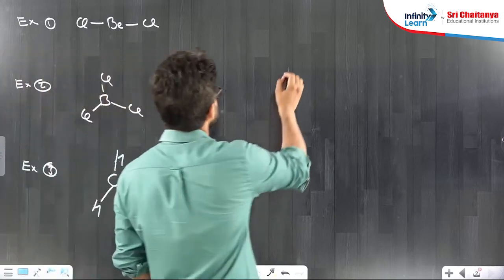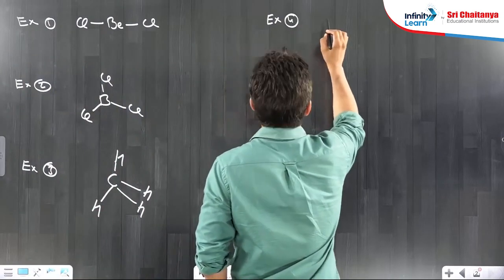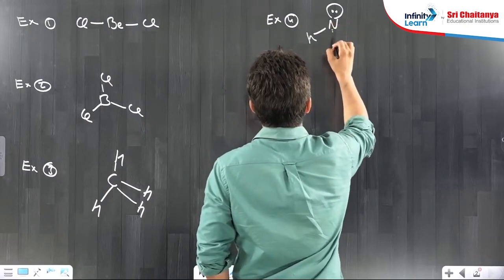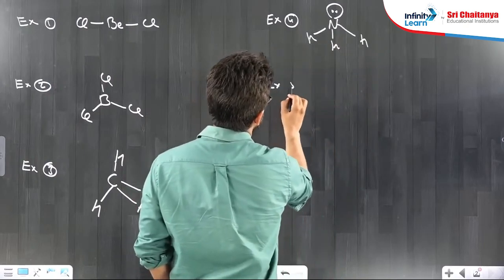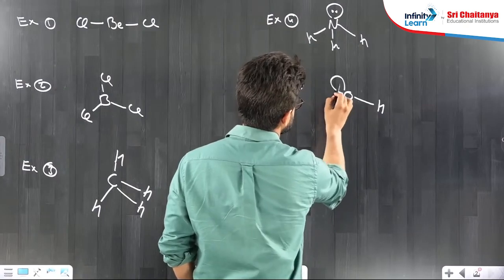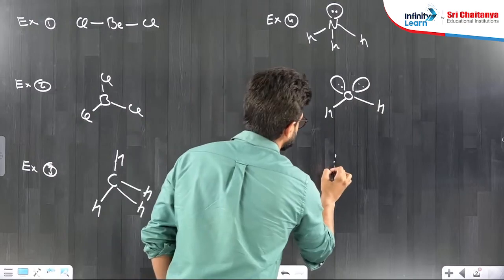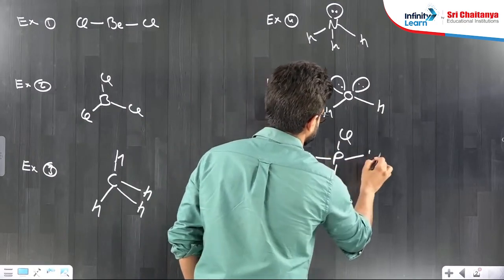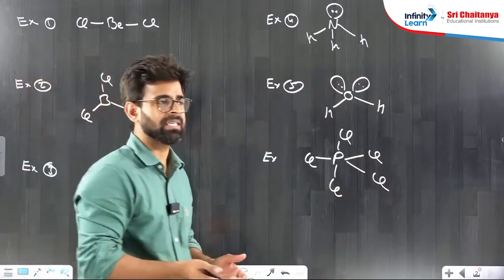Next one, you can say ammonia. So we are having ammonia like this. Now we can have here the fifth one, water example. It's water, fine. And then we can have PCl5 also. Fine. So first of all, we will try to find the hybridization for these elements.